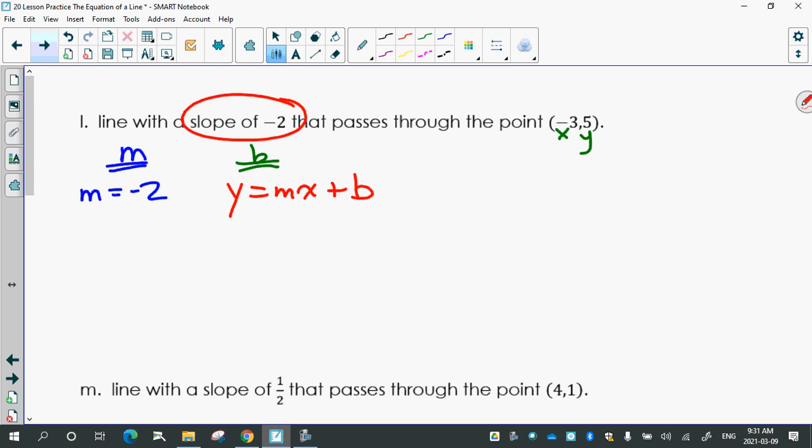So I have to use 5 for y, negative 2 for m, brackets, negative 3 for x, and then b is the only thing I don't know. So then I do this multiplication, negative 2 times negative 3 is positive 6, good.